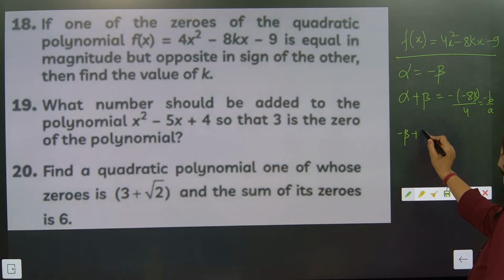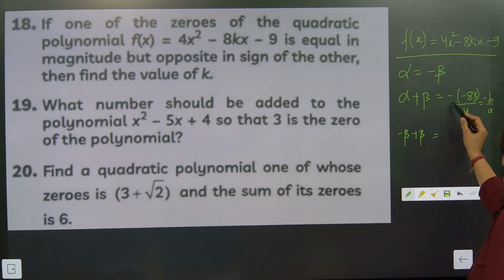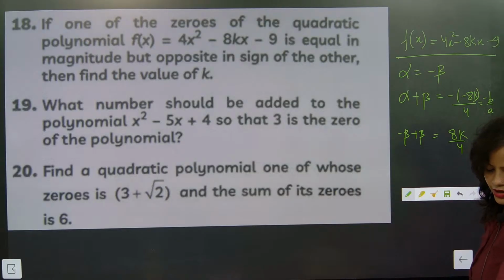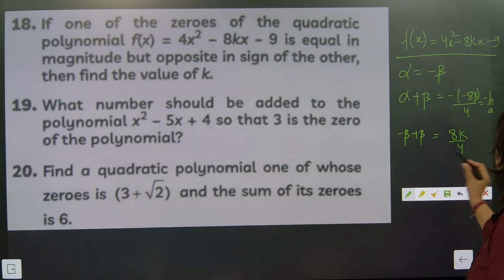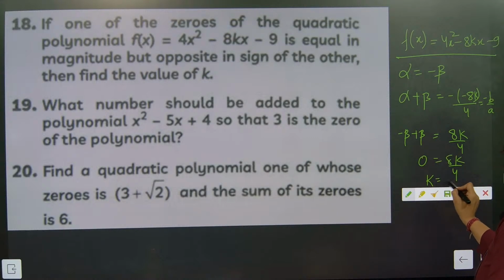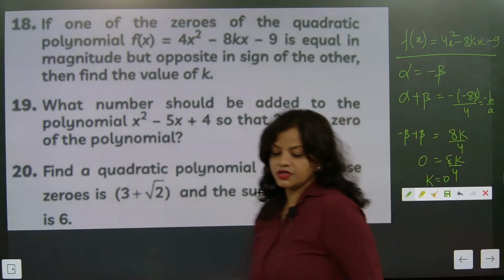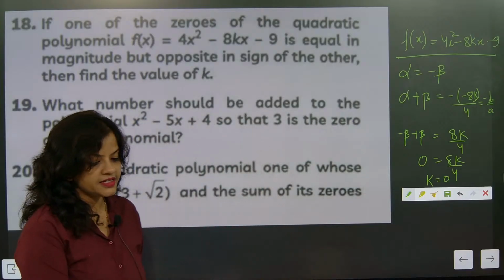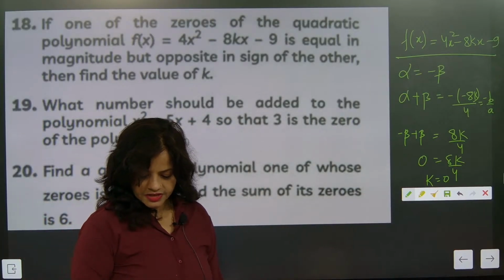So minus beta plus beta is equal to 8k by 4. So 0 is equal to 8k by 4, and k value is coming as 0. If you solve it nicely, the k value is 0.